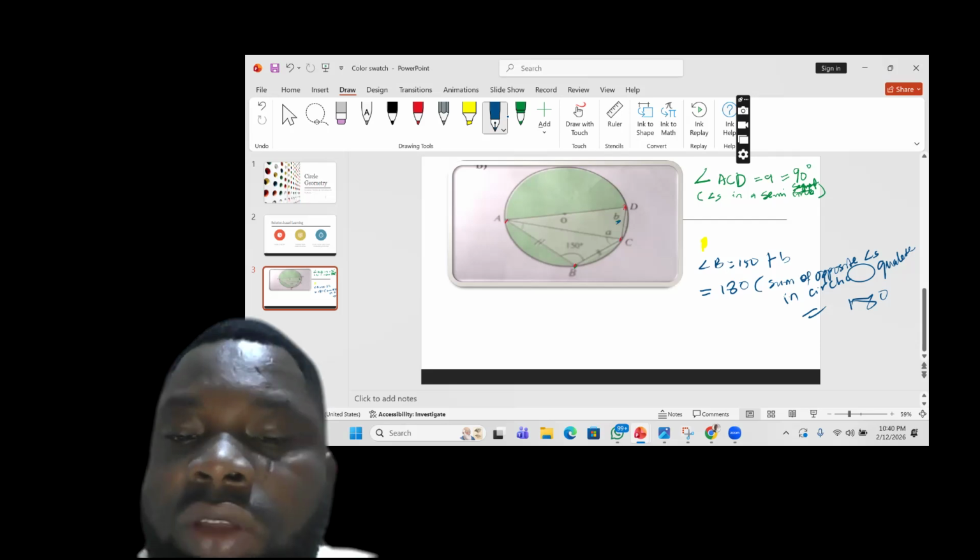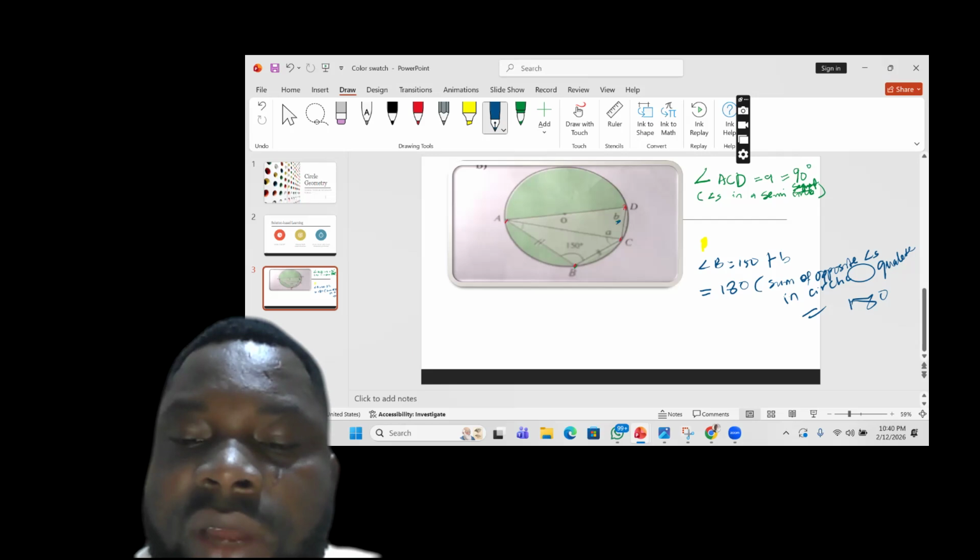Going by that, we're going to have 150 plus B, which is what we are looking for, equals 180.